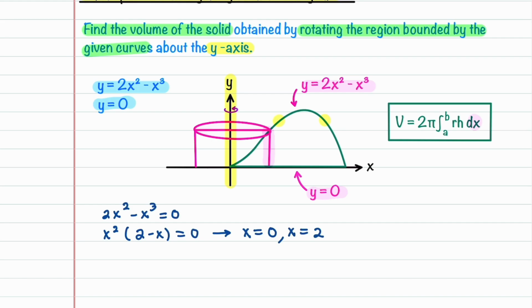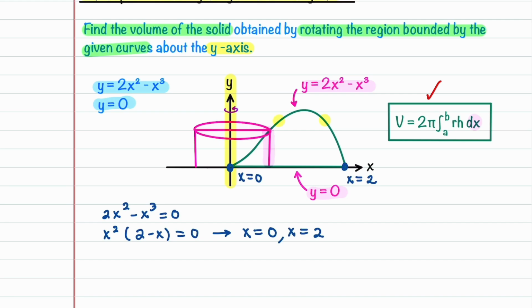Let's mark these on our graph. Here we have x is equal to 0, and here we have x is equal to 2. So those are going to be our limits of integration. Now what we have to do is look up here at our formula. Our formula for the volume of the solid that we're going to get is 2 pi times the integral from a to b, that will be from 0 to 2, r times h dx.